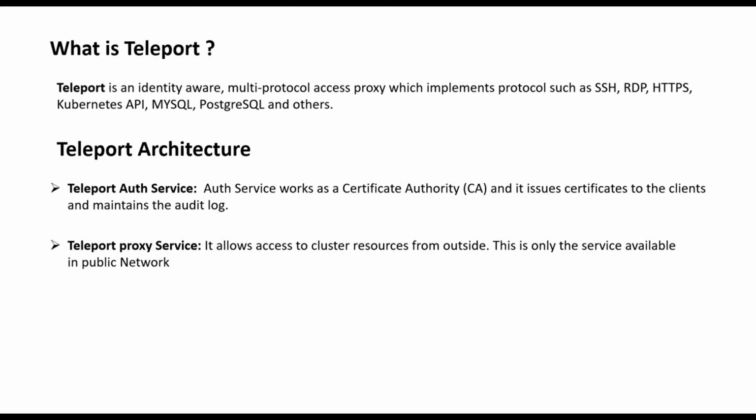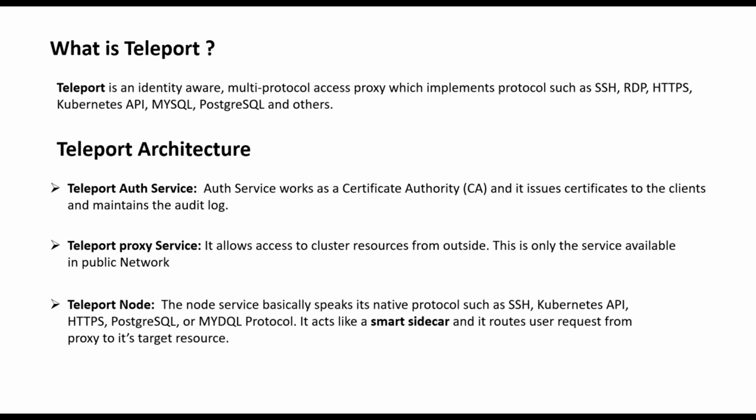So I as a user am also in the public network, and when I request to connect to those resources inside the Teleport cluster, firstly the request comes to the proxy, and then finally the proxy sends the request to the auth service. This is what we are going to understand later in this tutorial as well.